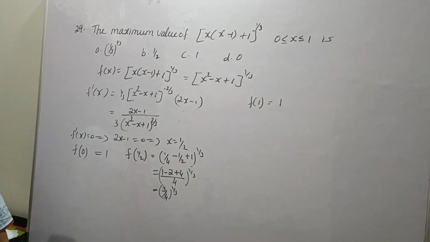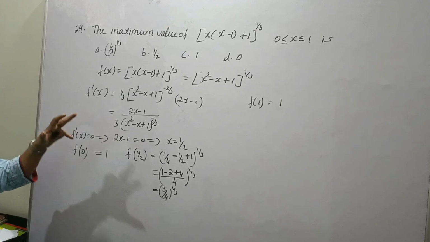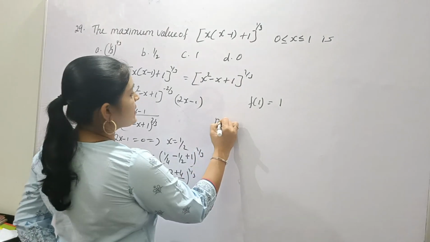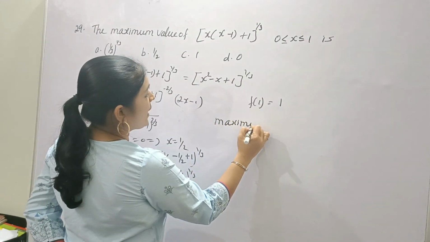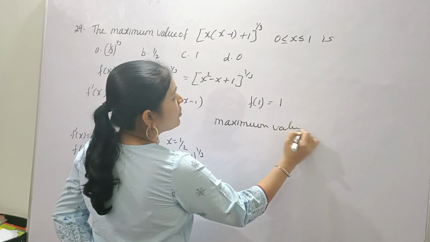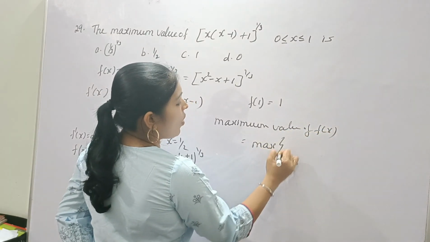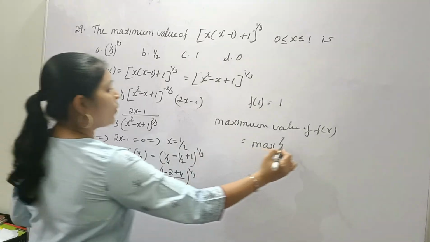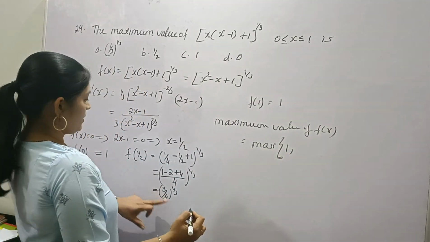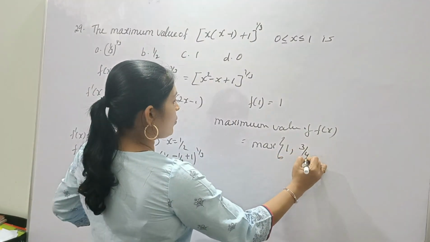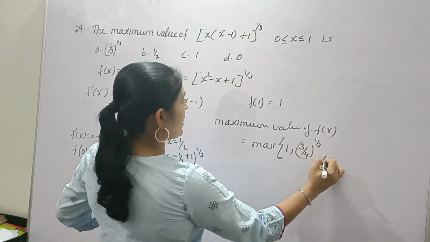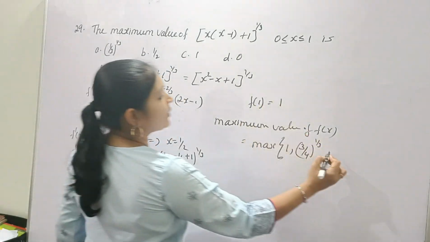So here we have to find the maximum value, right? Which is maximum among these values? The maximum value of f of x is the maximum of these values, that is 1, 3 by 4 whole raised to 1 by 3, and 1.